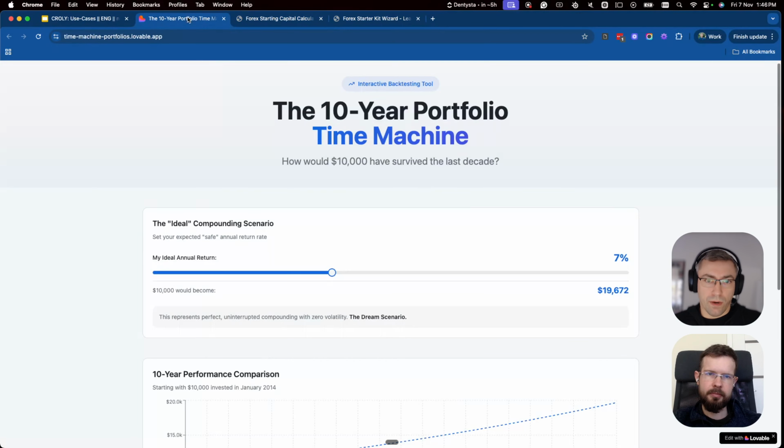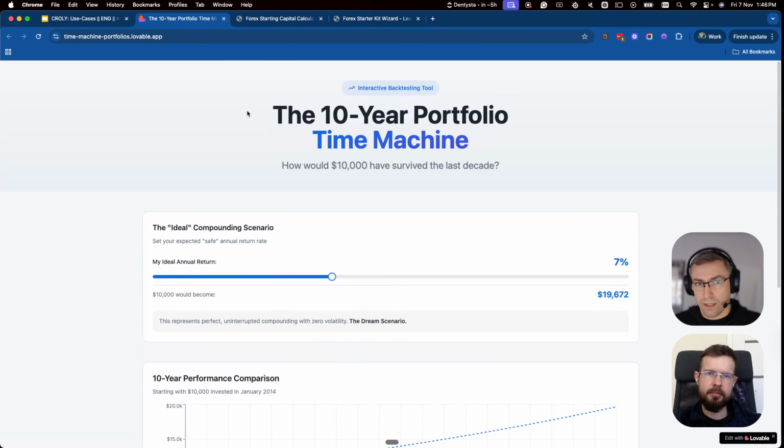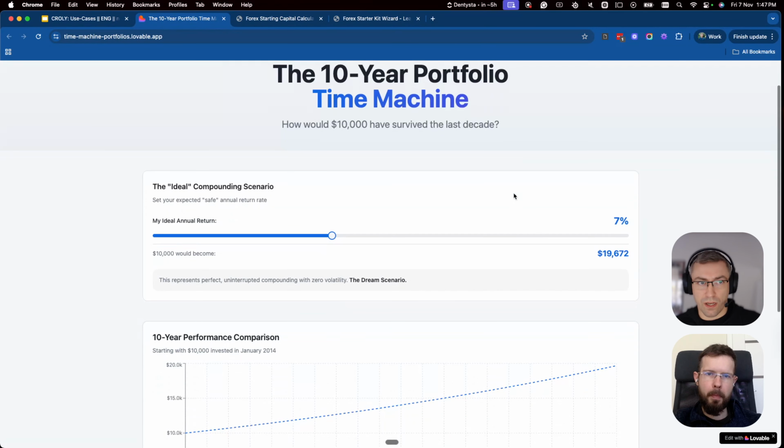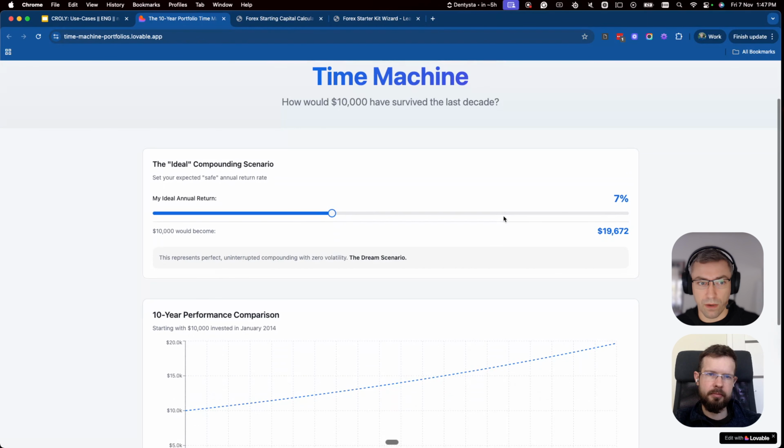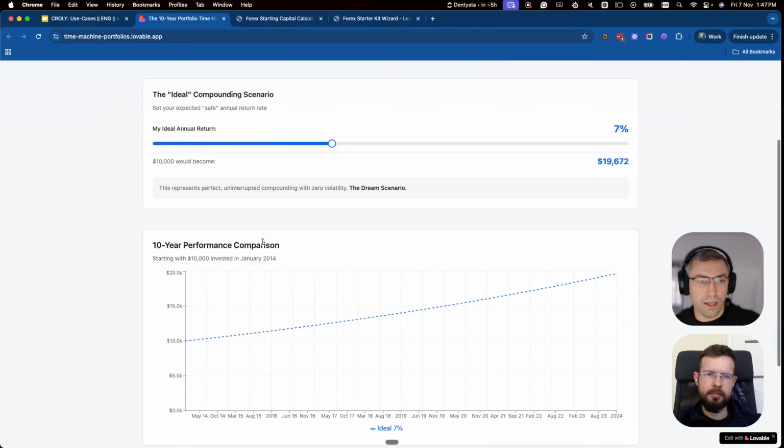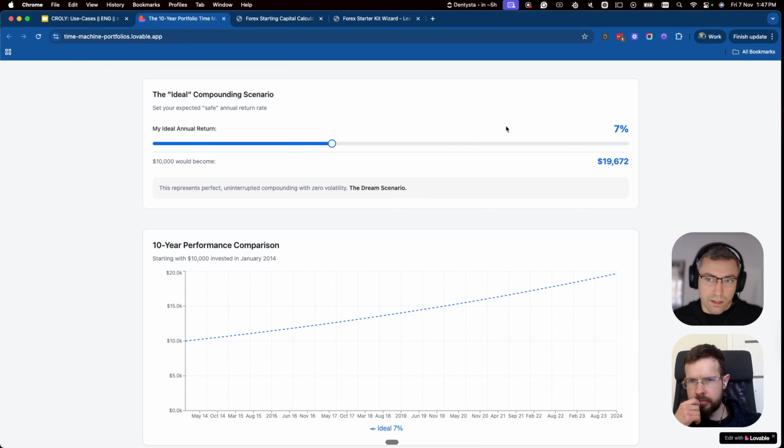But the one that I wanted to focus on the most is the 10 years portfolio time machine. A lot of users are landing on the pages dedicated to portfolio structuring, investing, and how they should think about investing in general and about their portfolio. I know that this is very generic, but for a lot of users that are not that advanced, it is important to set some expectations.